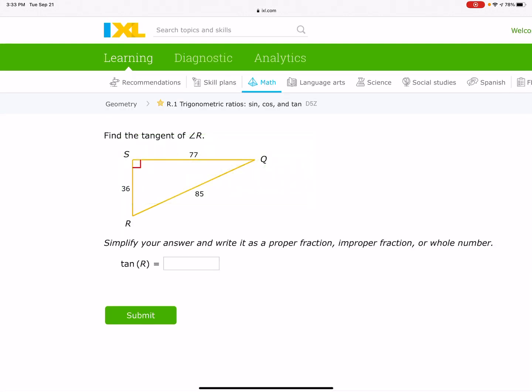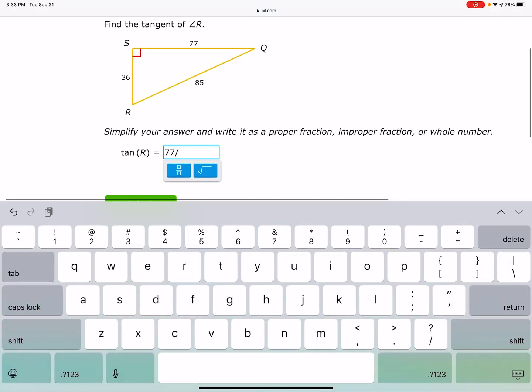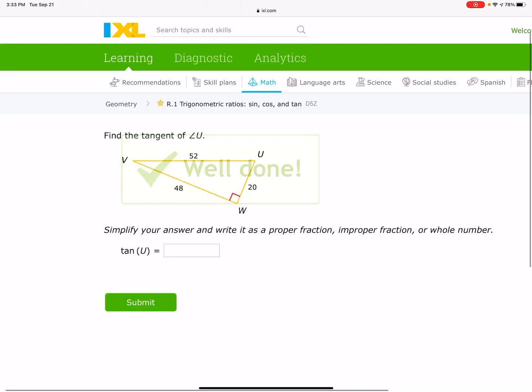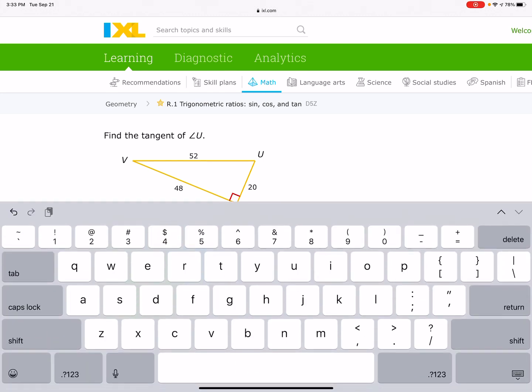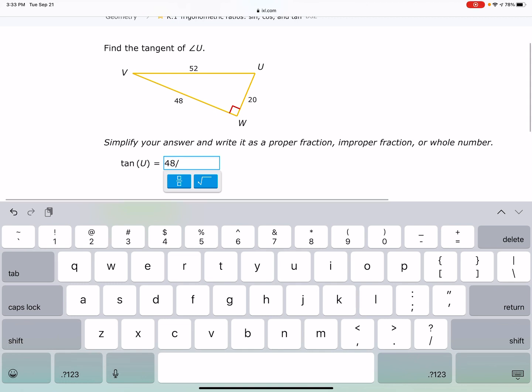Tangent of R is opposite 77 over adjacent, which is 36. I don't want the 85 because that's the hypotenuse. So tangent is opposite over adjacent. Nice work.